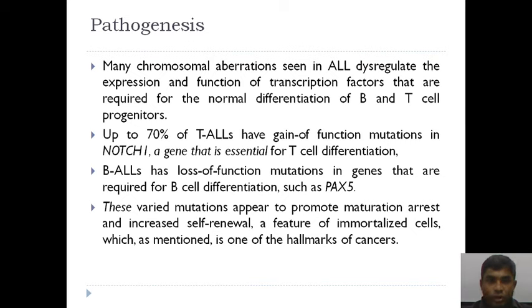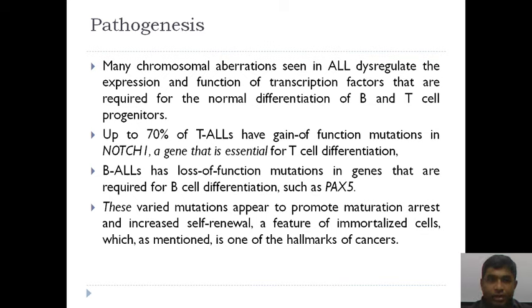So in acute leukemias, especially in ALLs, many chromosomal aberrations occur which dysregulate the expression and function of transcription factors that are normally required for differentiation. So when there is a defect in the normal differentiation of cells, that leads on to acute leukemias.